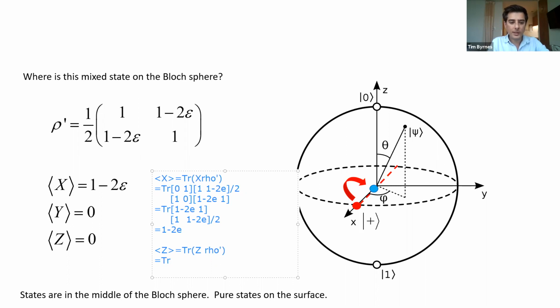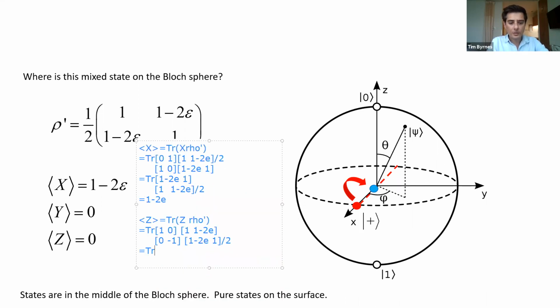So this is going to be the trace of, in this case, 1, 0. This is going to be the same, 1 minus 2e. 0, minus 1. 1 minus 2e, 1. Okay, and then I divide by 2. Running out of space. Trace of, and then we need to use matrix multiplication. This will be 1.